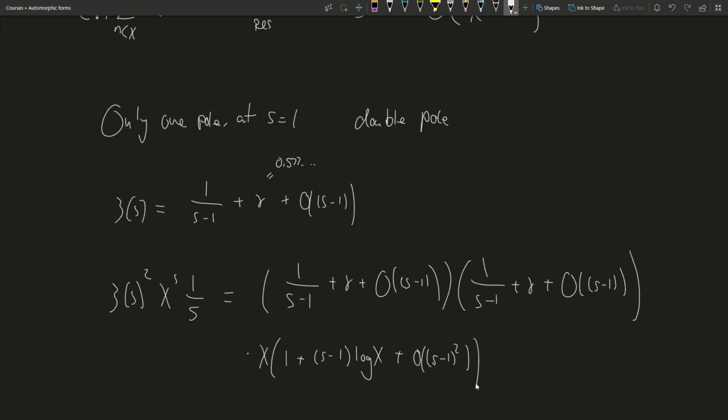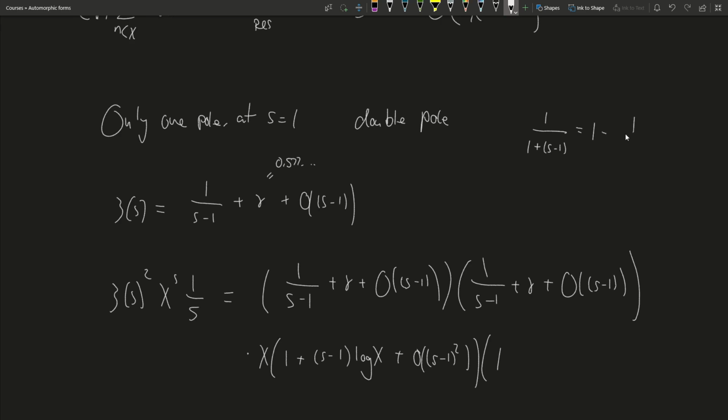And finally, our 1 over s, this is going to be 1 over s minus 1 plus 1. So when s minus 1 is 0, you're going to have a 1, and then the linear term, right? 1 over 1 plus s minus 1 is equal to 1, and then it's going to be what?